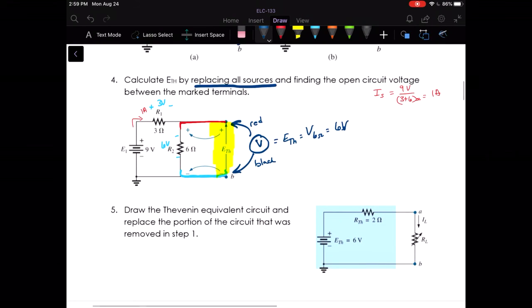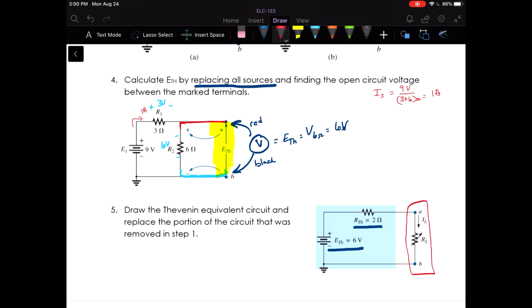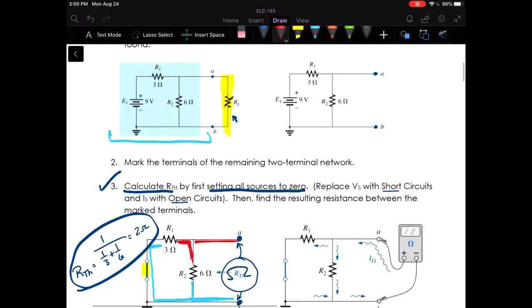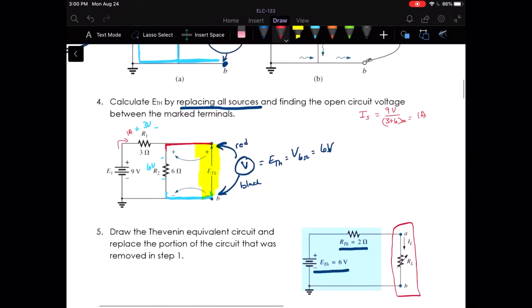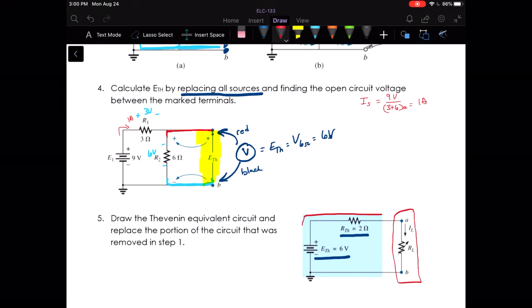So that means when I draw this back, I've got my E Thevenin, which is 6 volts, my R Thevenin, which is the series resistance for that particular source, is 2 ohms, and then I put whatever portion of the circuit I removed in the beginning, I put it right back between A and B. So what we're saying is this circuit right here that's all in blue, I just replaced with a single voltage source and a single resistor.